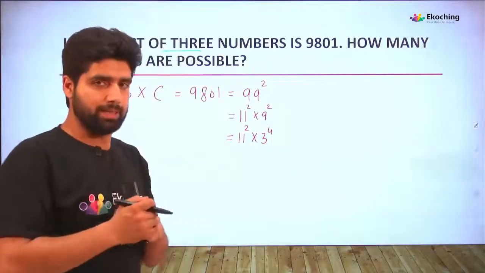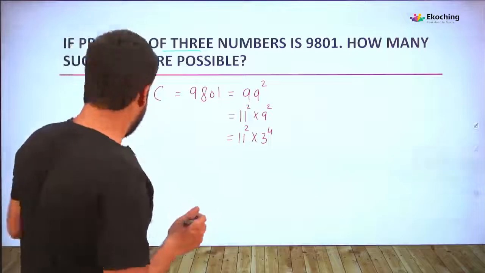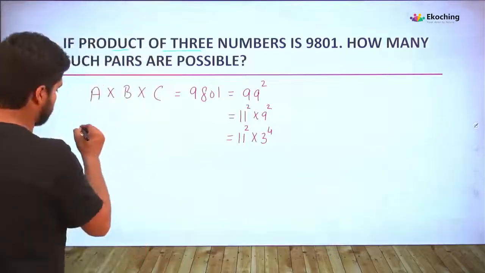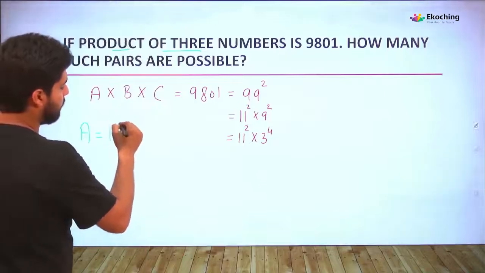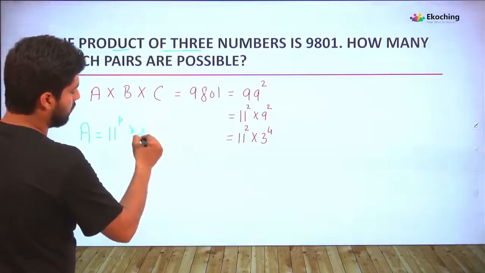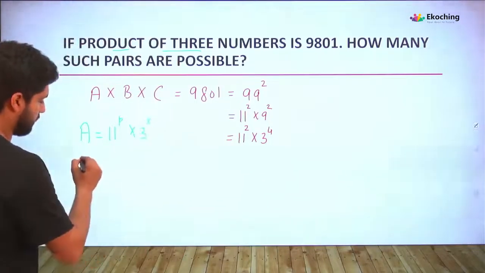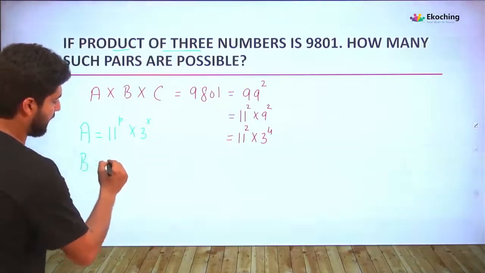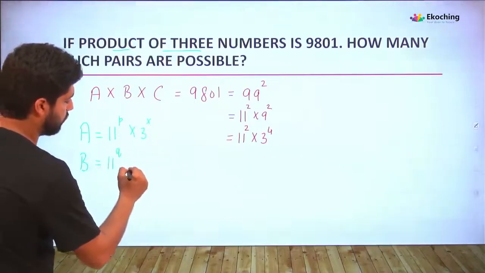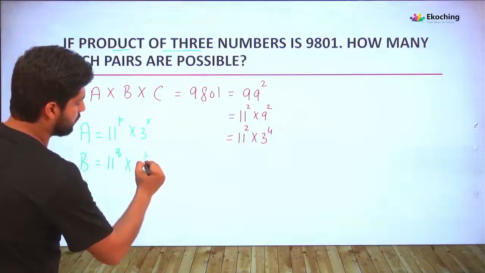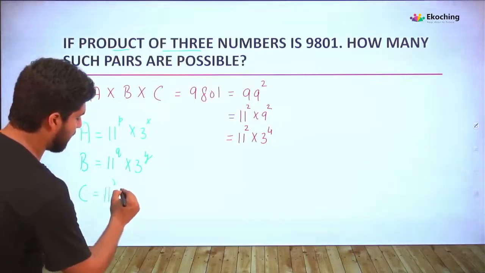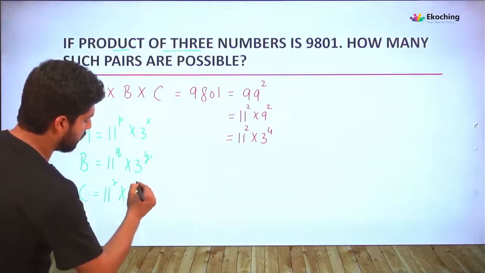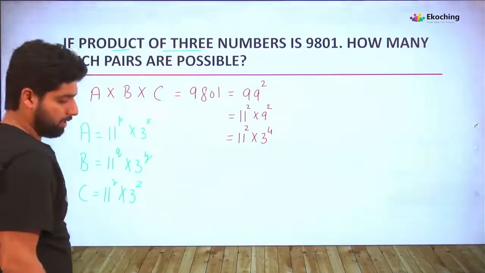So that means I can write this A as 11 power p into 3 power x, and this B as 11 power q into 3 power y, and this C as 11 power r into 3 power z.